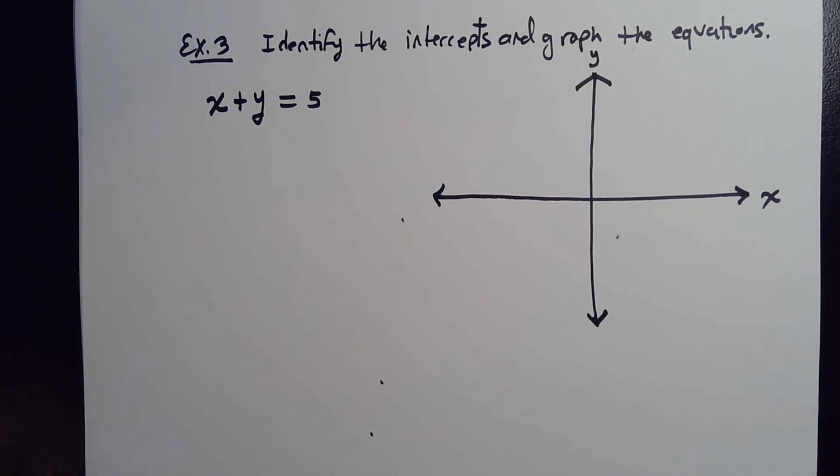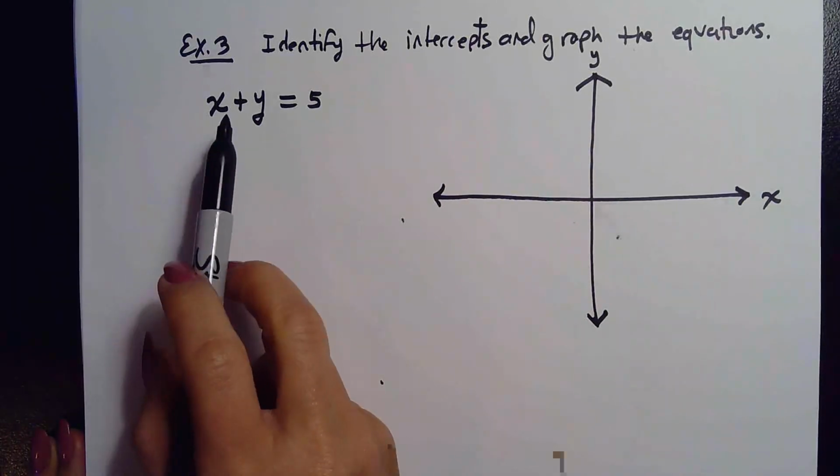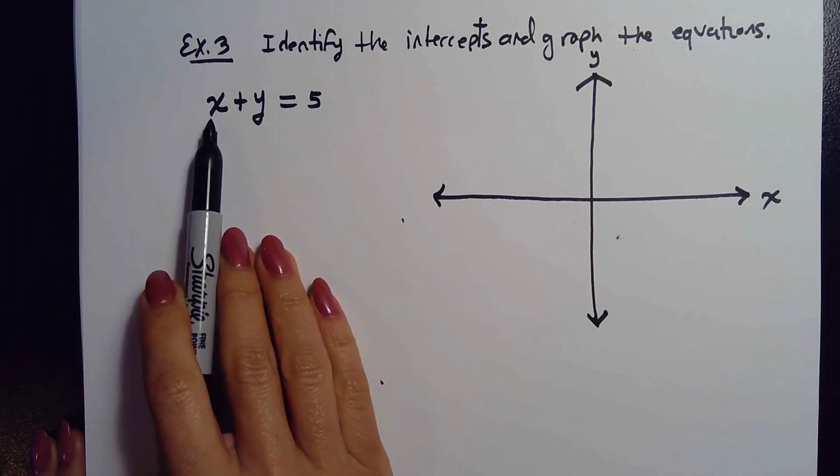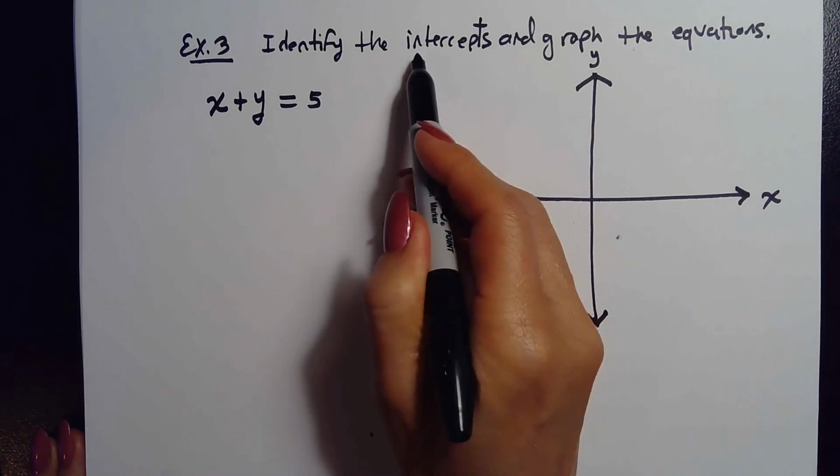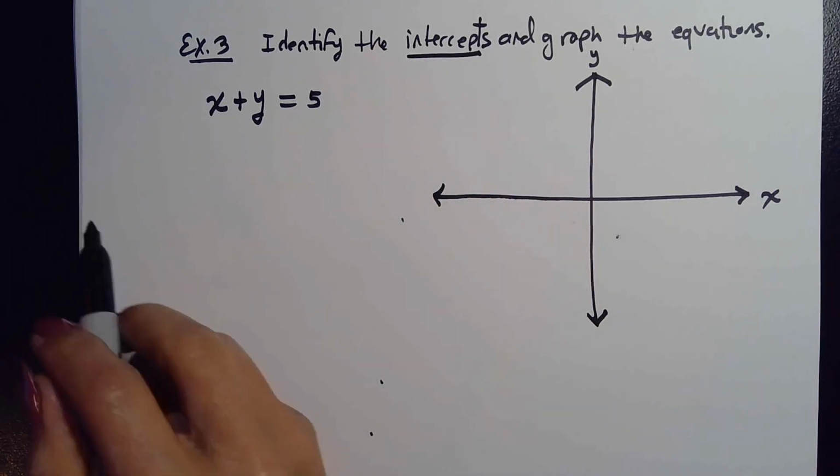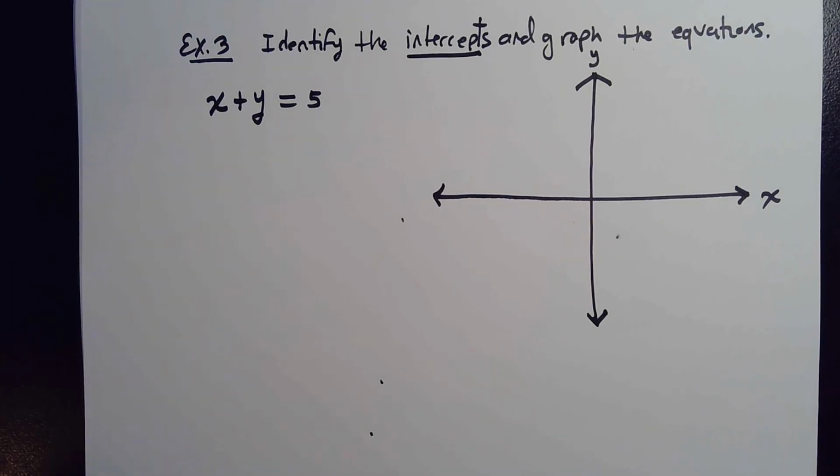And then get a good idea of what the graph is going to look like. So this is a linear equation, x plus y equals 5. The intercepts, we're talking about the x and the y intercepts. These are 2 points on the line that are going to help us find the graph of this line, right?